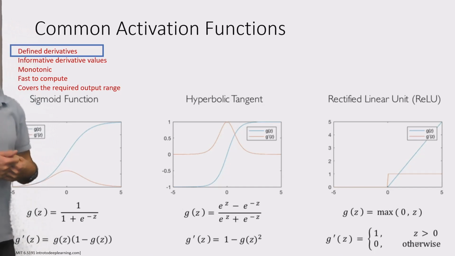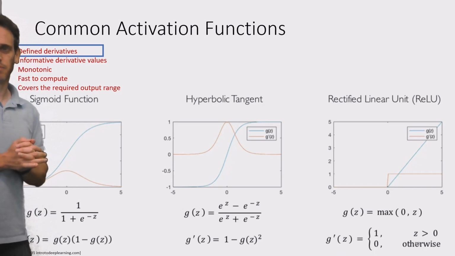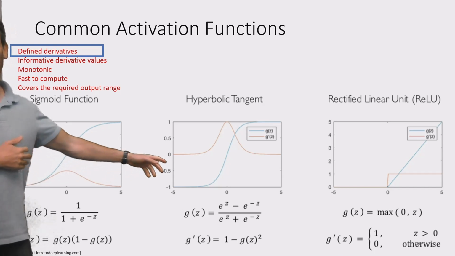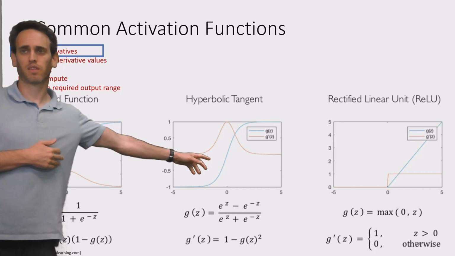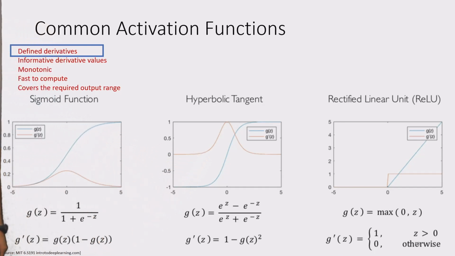But we have to define the derivative at the 0 location. So we simply define the derivative at that point as 0. If z is greater than 0, the derivative is 1, else it is 0.